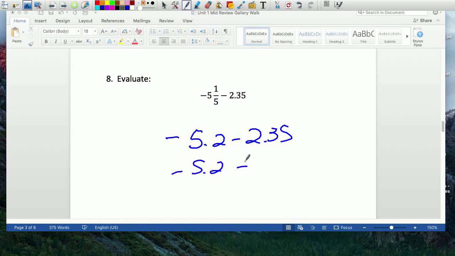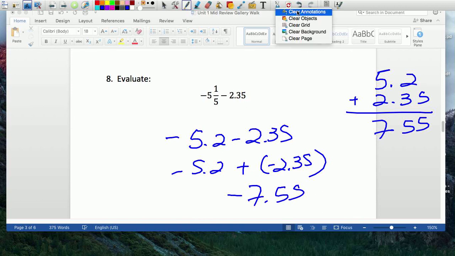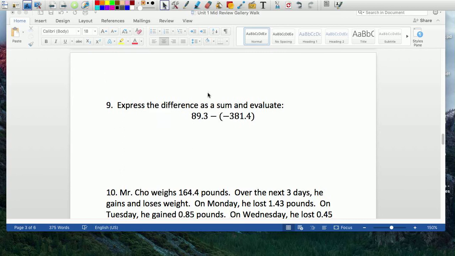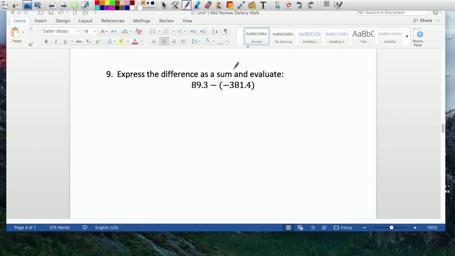So let's change that to an addition. Adding two negatives. That's 5.2, 2.35, final answer of negative 7.55. Express the difference as a sum. 89.3 plus 381.4.